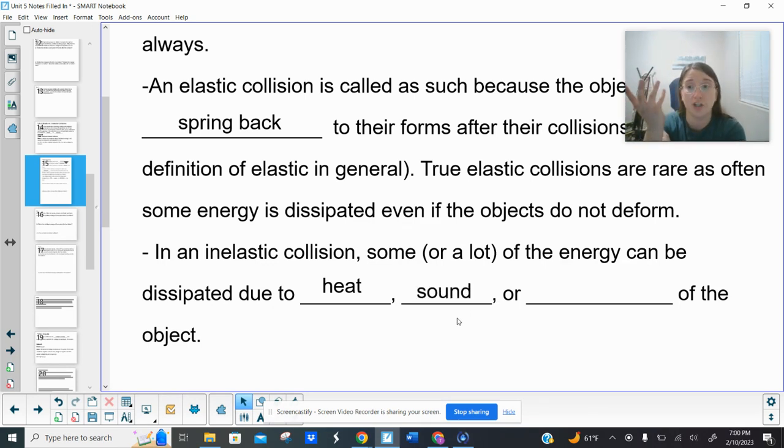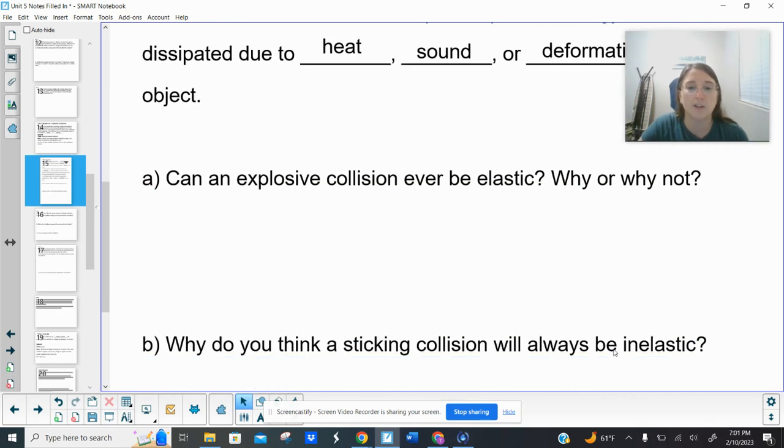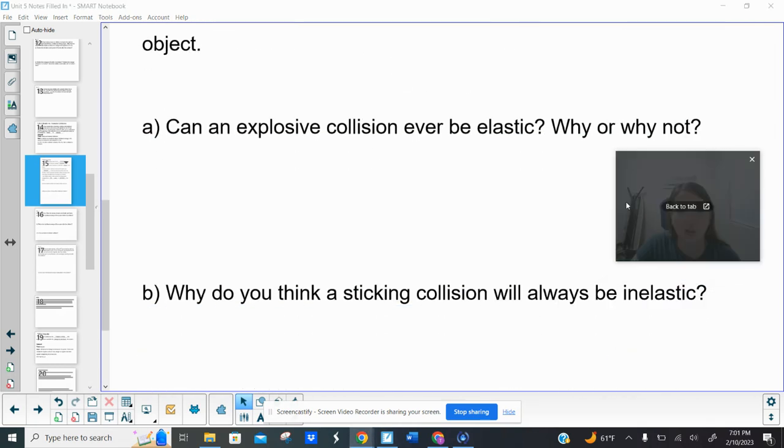Sound is a form of energy, so in any collision, some of the energy they had beforehand is going to go into sound waves, or just deformation of the object. In order for those cars to crash into each other, their initial energy is going to go into deforming the car.